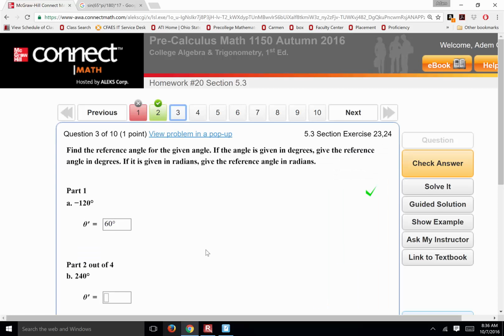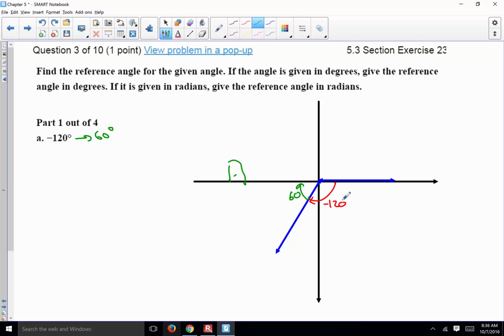Okay, 240. Where's 240 now? Again, we back this up. This is the start. Rotate 240. This is 90, 180. How much more is 240? 60. It's the same location as the last one, but this time you rotated in the clockwise direction, and now counterclockwise. 240.